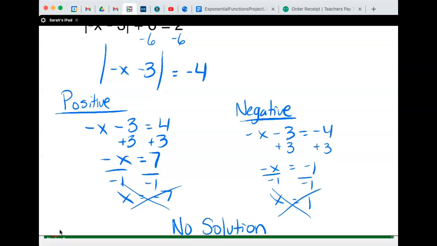If you're driving a car, you would drive forward, your odometer racks up miles. If you would drive in reverse, you're still adding miles to your odometer. So it should always be a positive distance when you're doing absolute values. So basically, whenever your absolute value is equal to a negative, always no solution, right? So once you see this, you can just stop and you don't even need to do this part, you just write no solution.